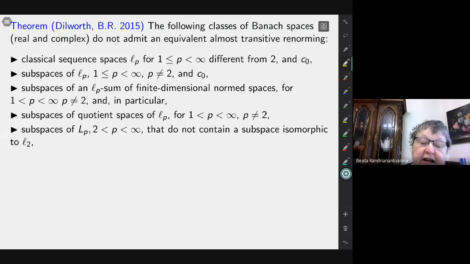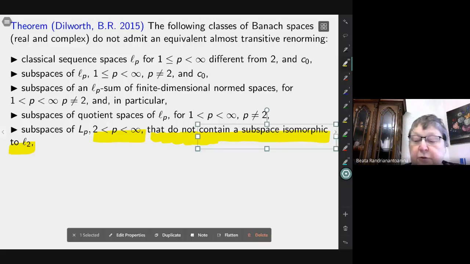Subspaces of capital Lp, right? We know that capital Lp itself is almost transitive, but subspaces of capital Lp for p bigger than 2 that do not contain a subspace isomorphic to l2. Right, so in particular, Lp itself is fine. It does have an almost transitive norm.